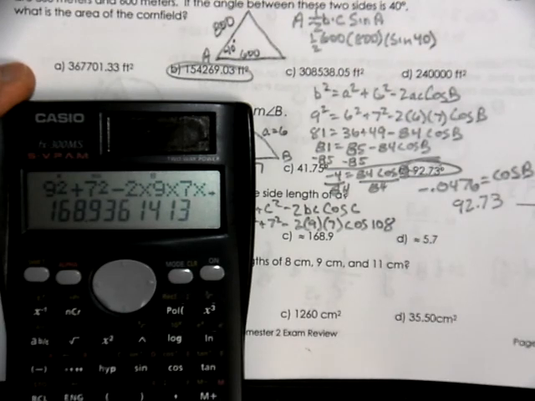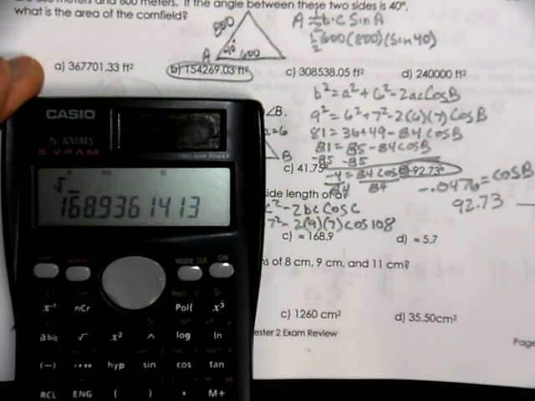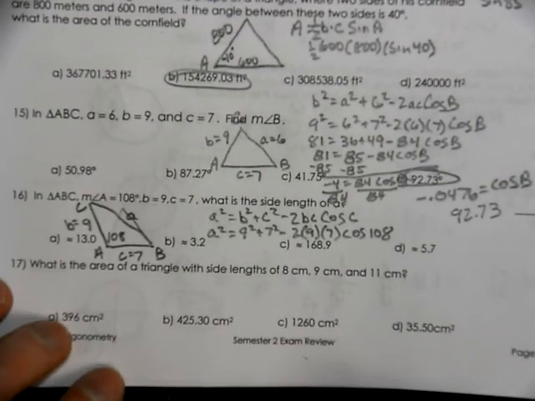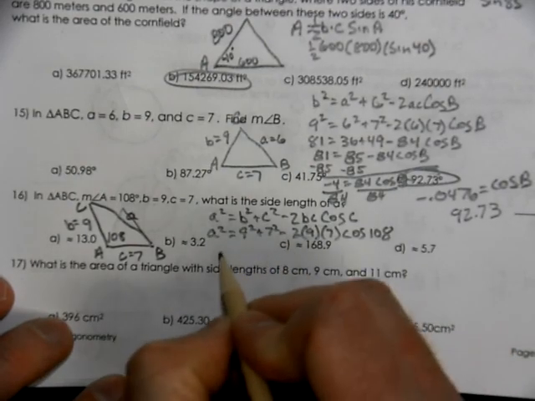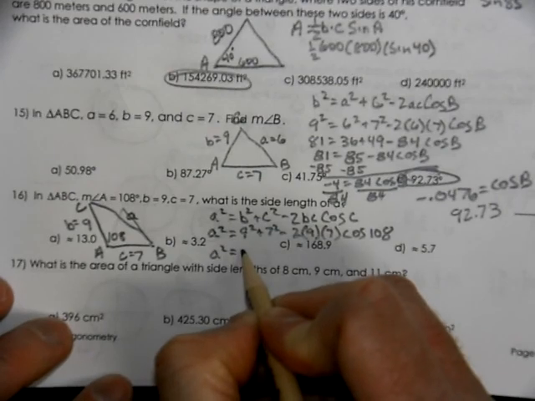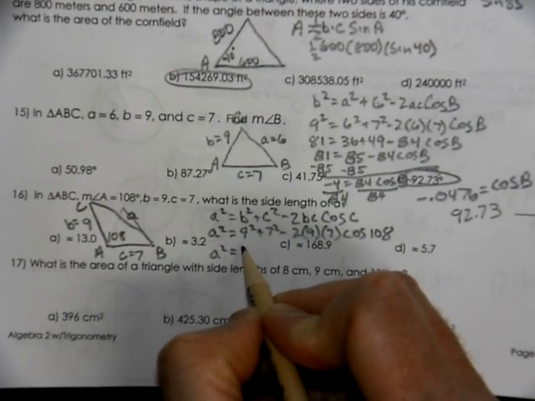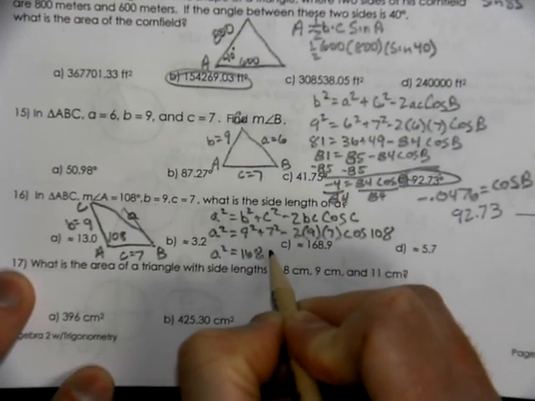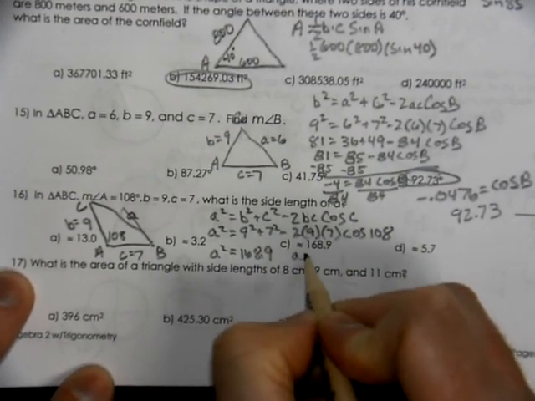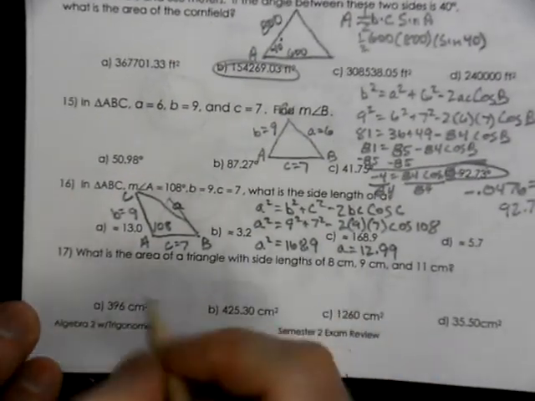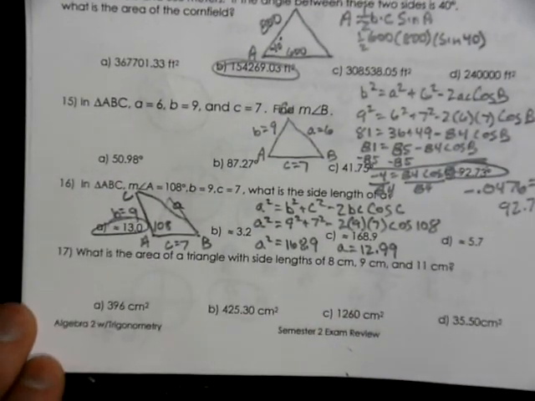And we get 168. And we're going to take the square root of that answer to get 12.99. So A squared equals 168. So A equals 12.99, which is your 13.